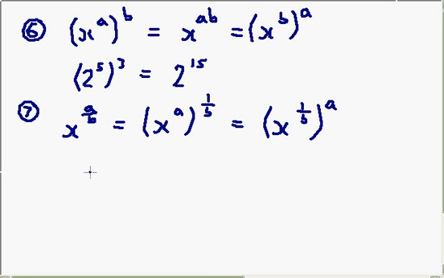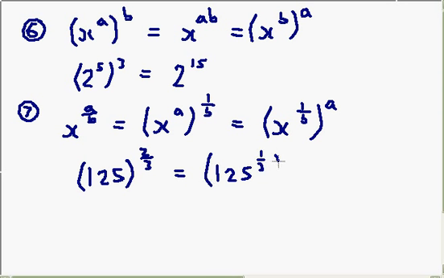To show you an example of what I mean here, if I've got 125 to the 2/3, initially that looks quite nasty. However, if you write this as 125 to the 3rd, squared, which we can do from this law, the cube root of 125 is 5, so it's just 5 squared, what's in the bracket squared, which is 25.